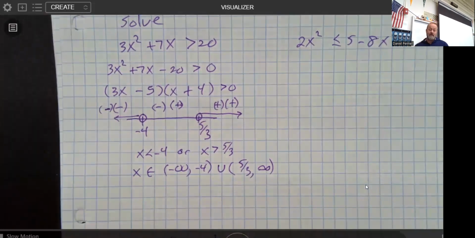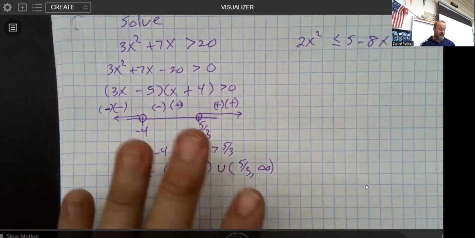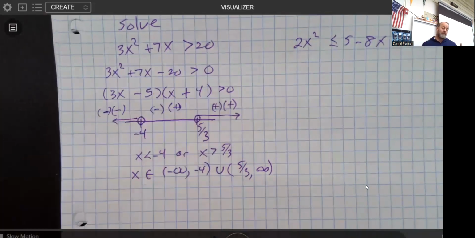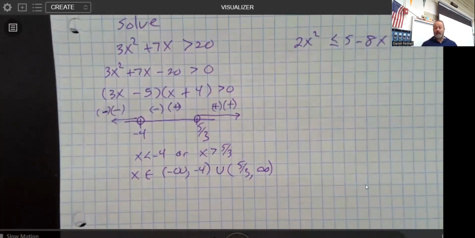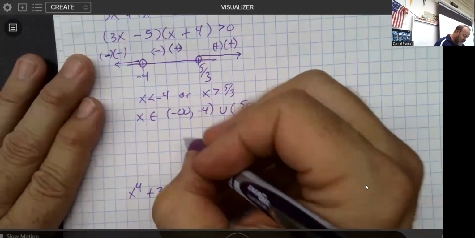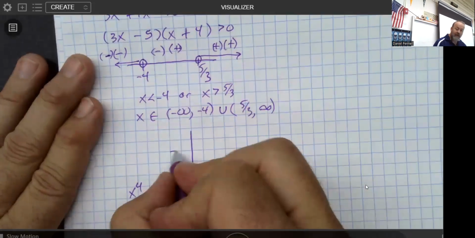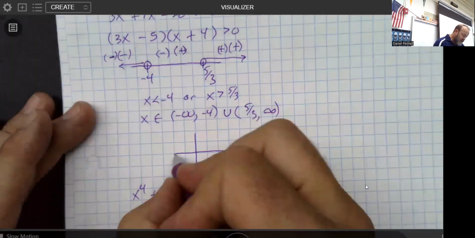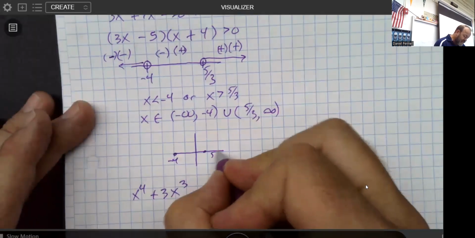Now, this is technically a one-dimensional question because if you look back at the question, there's only one variable. If I made a two-dimensional graph, like on an XY plane, that's technically two variables, but it is kind of helpful. Because if I were to think about what this graph looks like in two dimensions, I've got these two roots, one at -4 and one at 5/3.